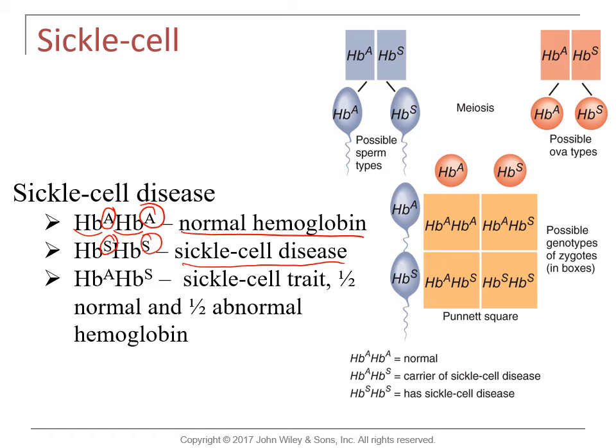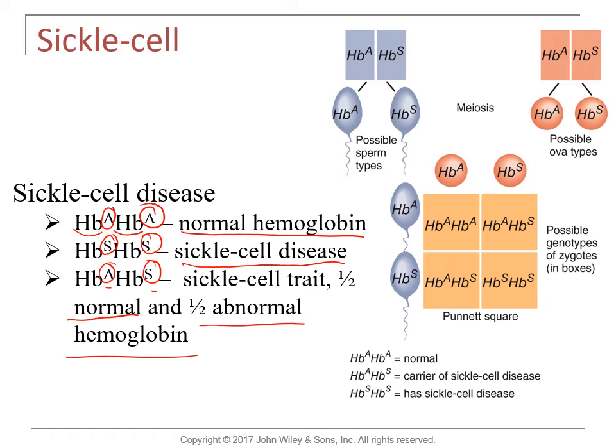Those with the heterozygous genotype, capital A and capital S, heterozygous because they're not the same, they're different, are usually healthy, though they have minor problems with anemia, because half of their hemoglobin is normal and half is abnormal.